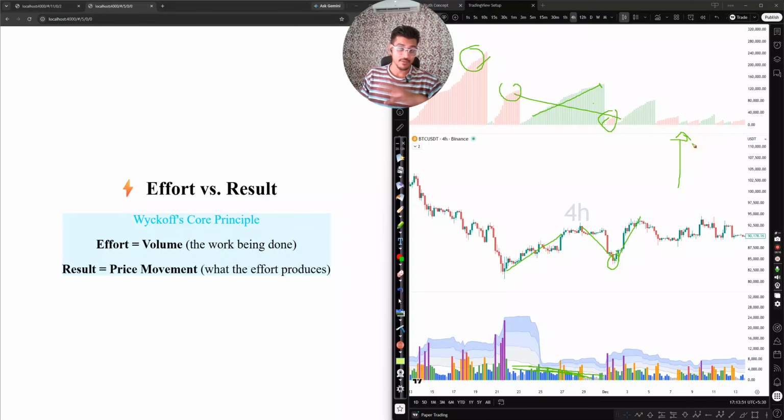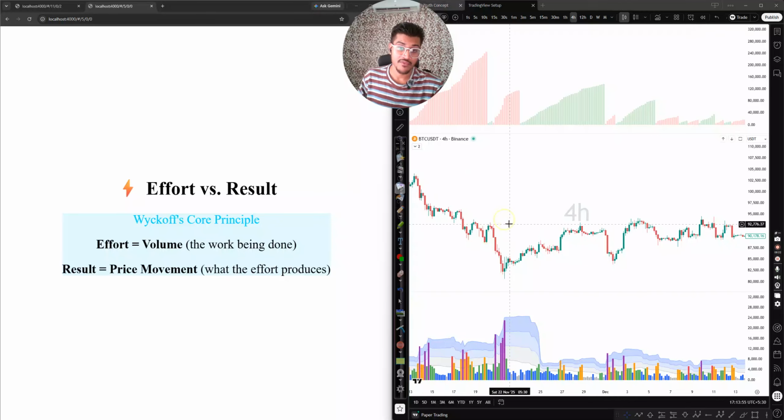Okay. Enough of that. What I want to explain to you is the effort versus result. If this was your effort, then the result should also be similar, right? Results should be much more than that.